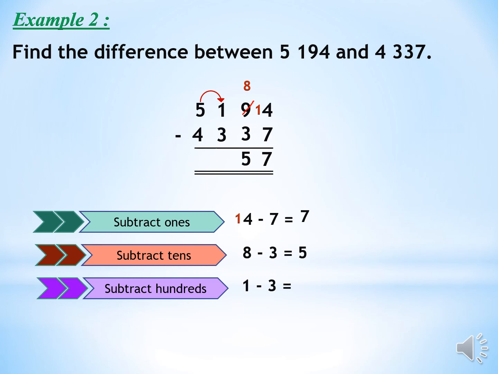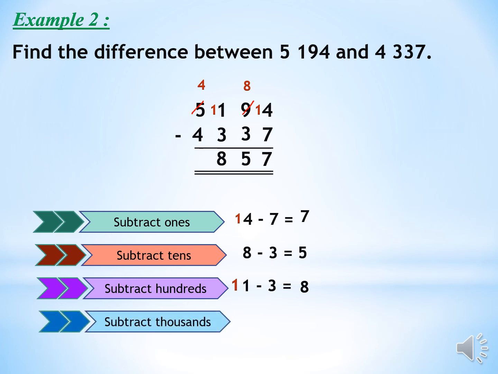So 5 becomes 4 and 1 becomes 11. 11 subtract 3 is 8. Now subtract the thousands. 4 subtract 4 is 0. The difference between 5194 and 4337 is 857.